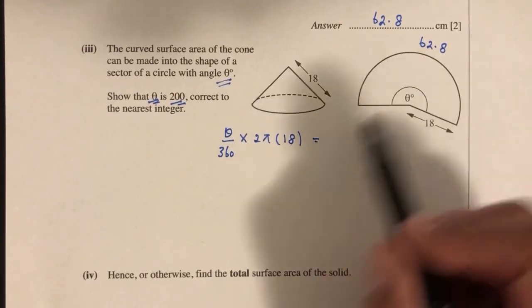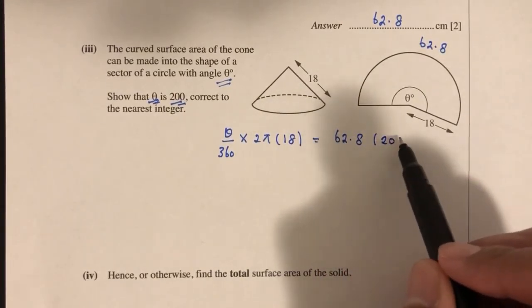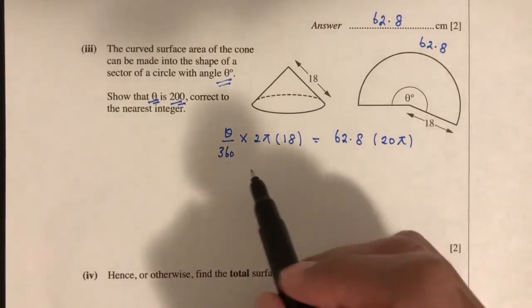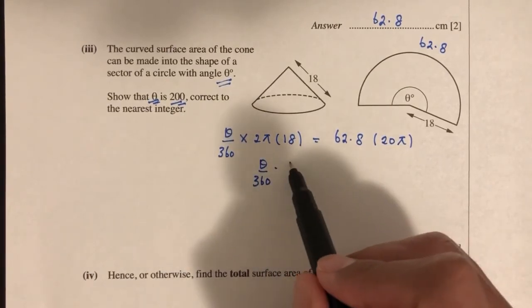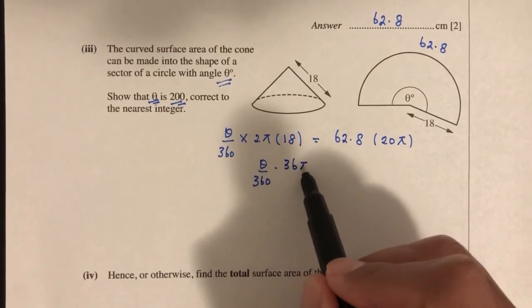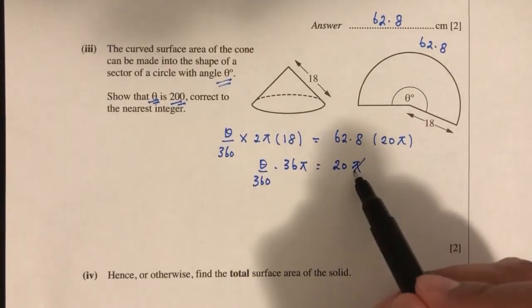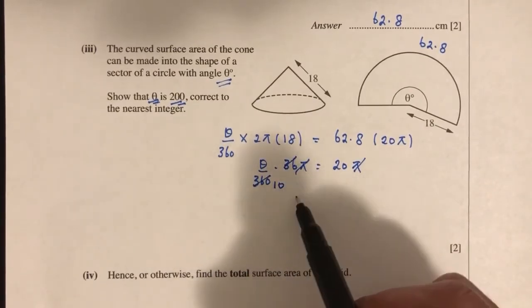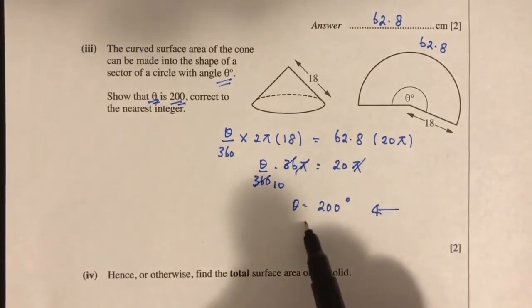That needs to be equal to 62.8. Or you can write 20 pi. I think let's put 20 pi as it is more exact. So theta over 360 times 36 pi equals 20 pi. So pi cancels. This is 10. So theta will be 200. So this is shown as required.